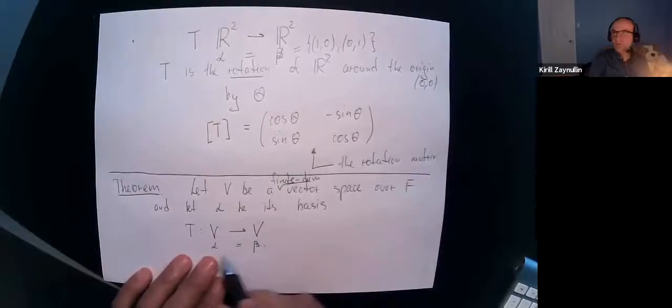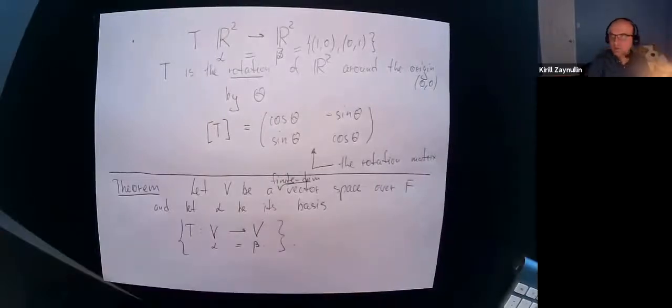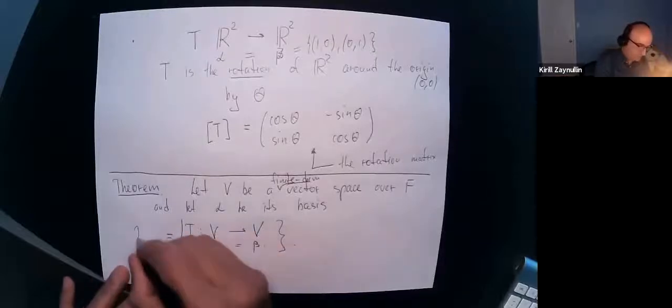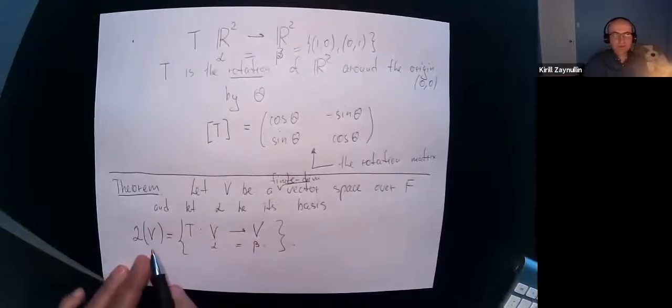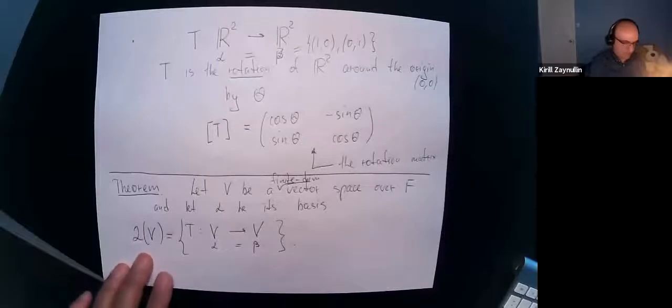We know that this forms a vector space of linear operators with respect to the usual addition and scalar multiplication. This was denoted by L of V, if you remember. So it's a vector space of linear operators.